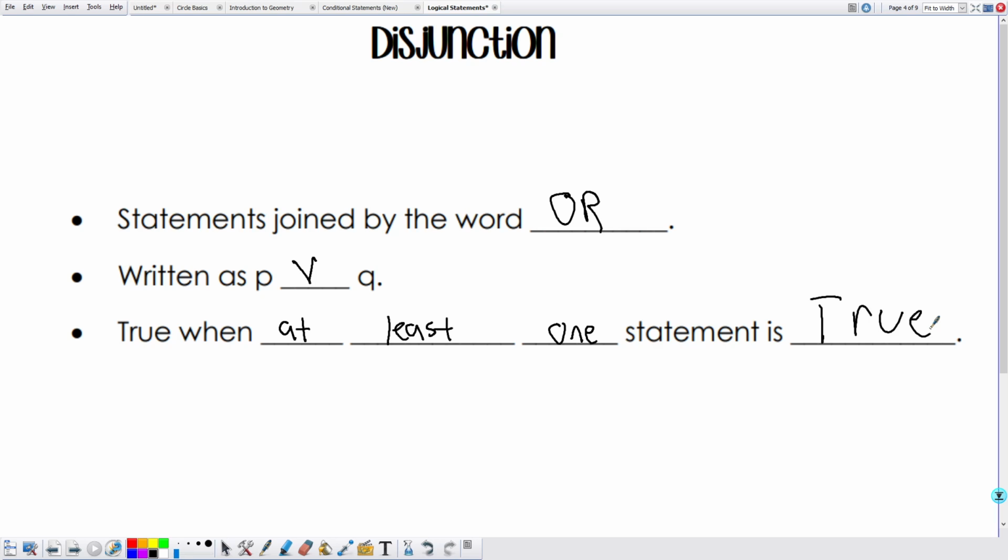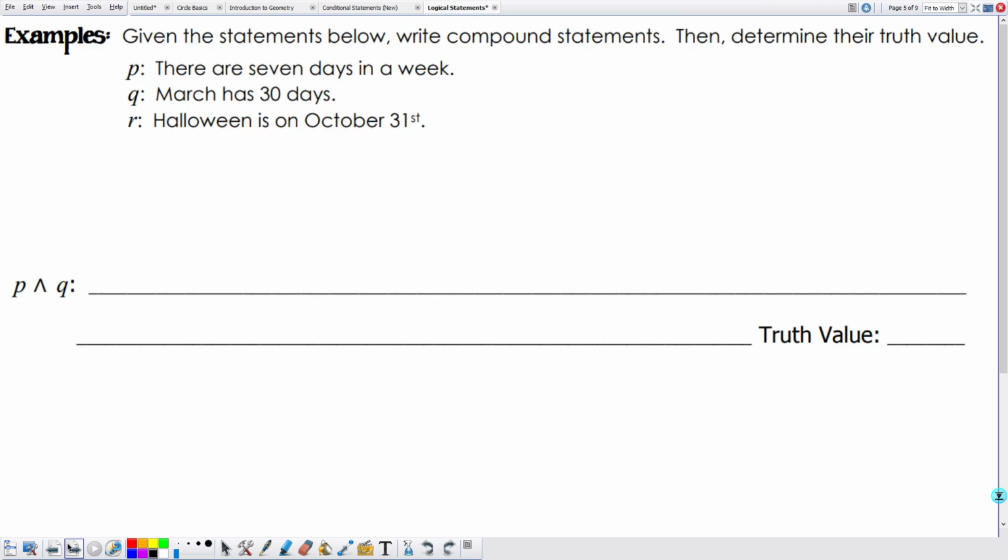So, unlike the conjunction where both have to be true, in a disjunction, as long as one of P or Q is true, the entire disjunction will be true. In the next video, I will go over exactly how we can write these out and determine their truth values.